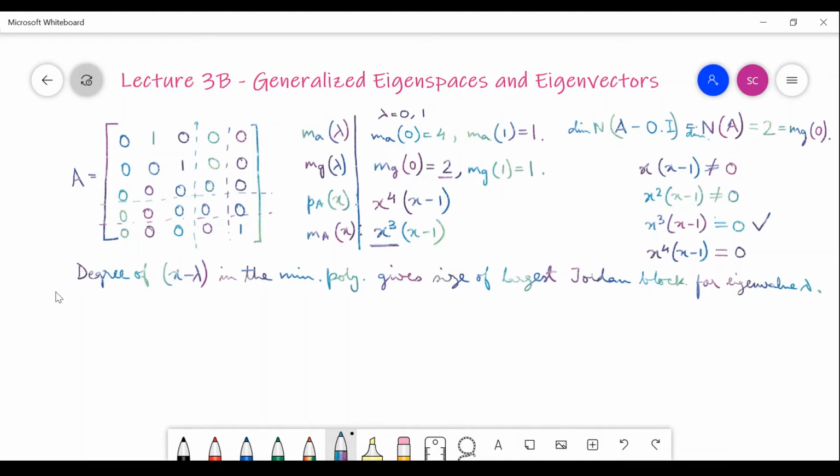So this is the general condition, and you can also see it from here.